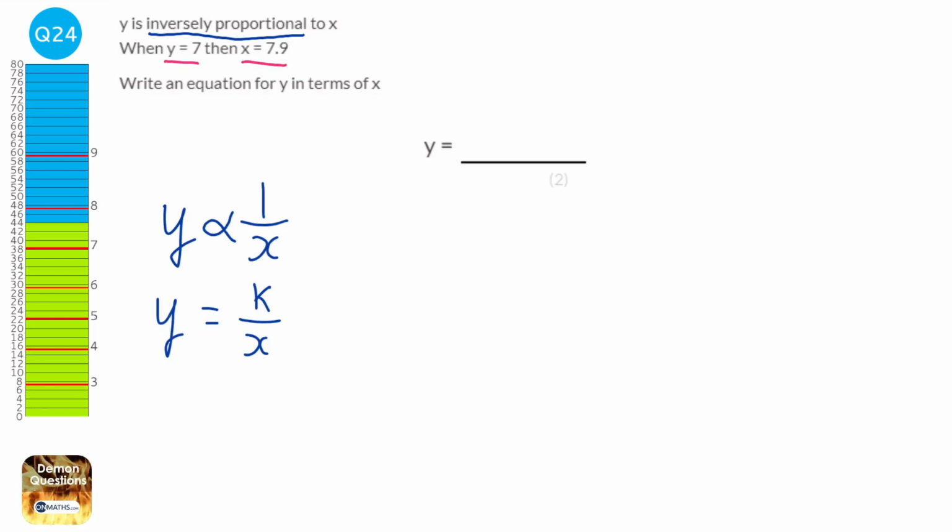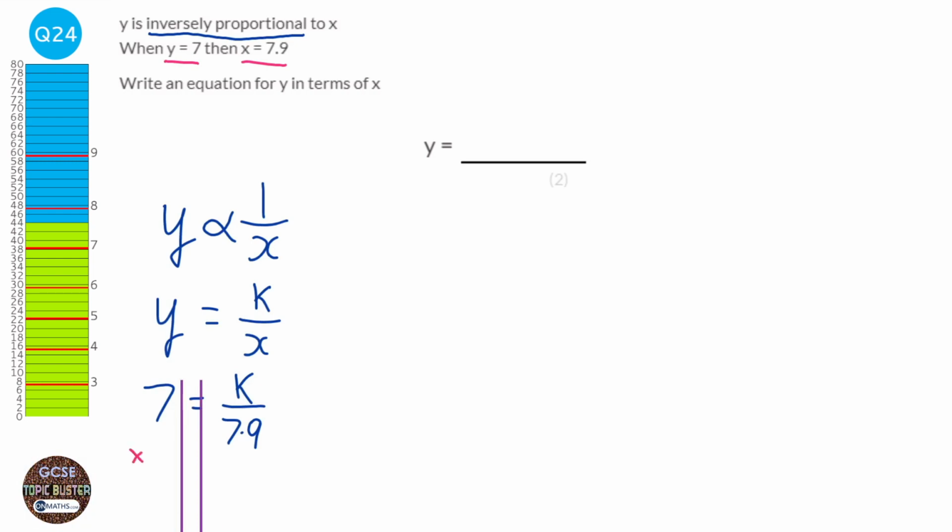So we know that when y is 7, then x is going to be 7.9. And what I need to do now is just draw my lines down. And what I'm going to do is times both sides by 7.9. And so we have k equals 7 times 7.9, which is 55.3.